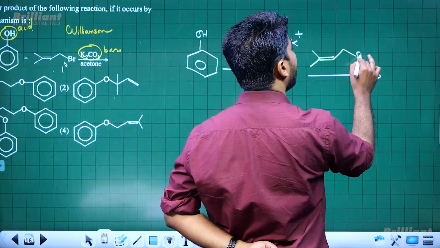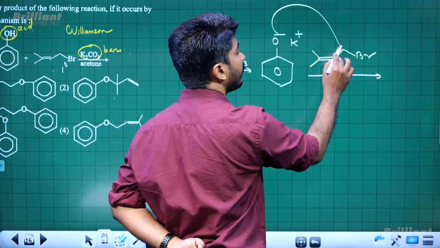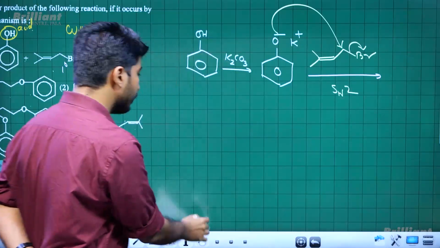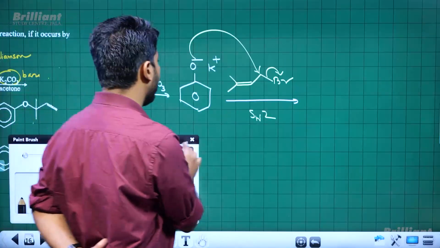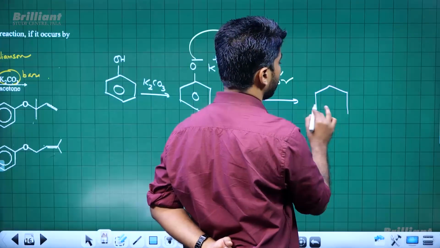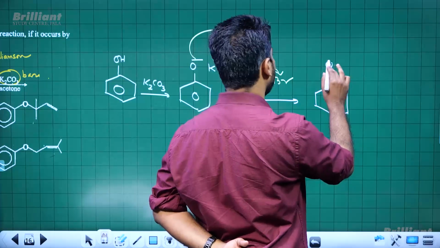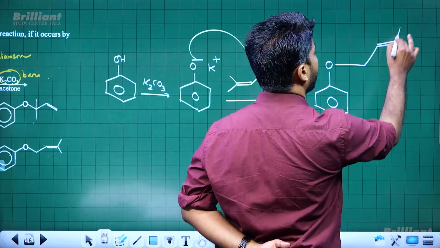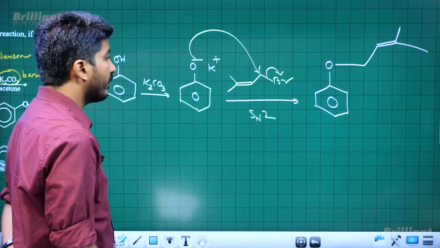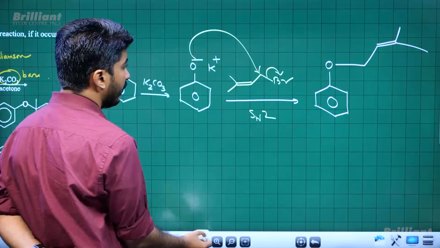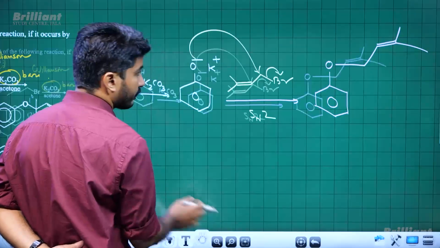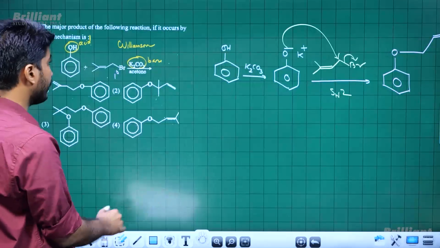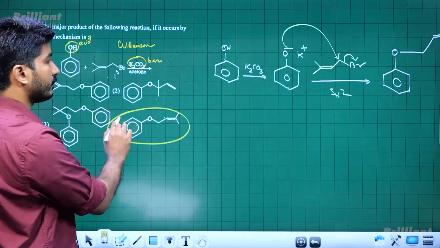SN2 is very easy. Do direct attack on the alpha carbon, and we will get an ether, the Williamson ether. That will be the final product, the ether product. Yes, that is option 4.